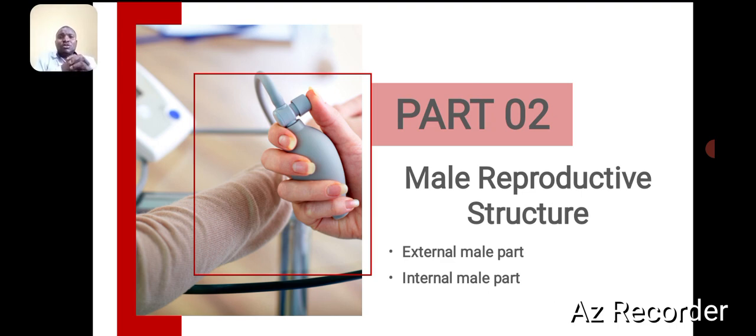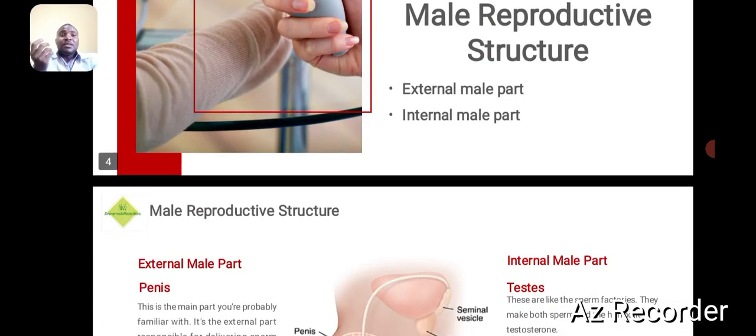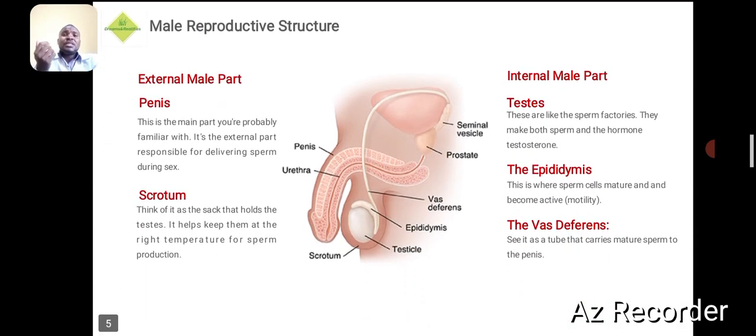Okay, let's go straight to what we have. Male reproductive structure. I want to look at the structure of the male reproductive system. It is divided into two major parts, the external and the internal. Let me begin with the external.